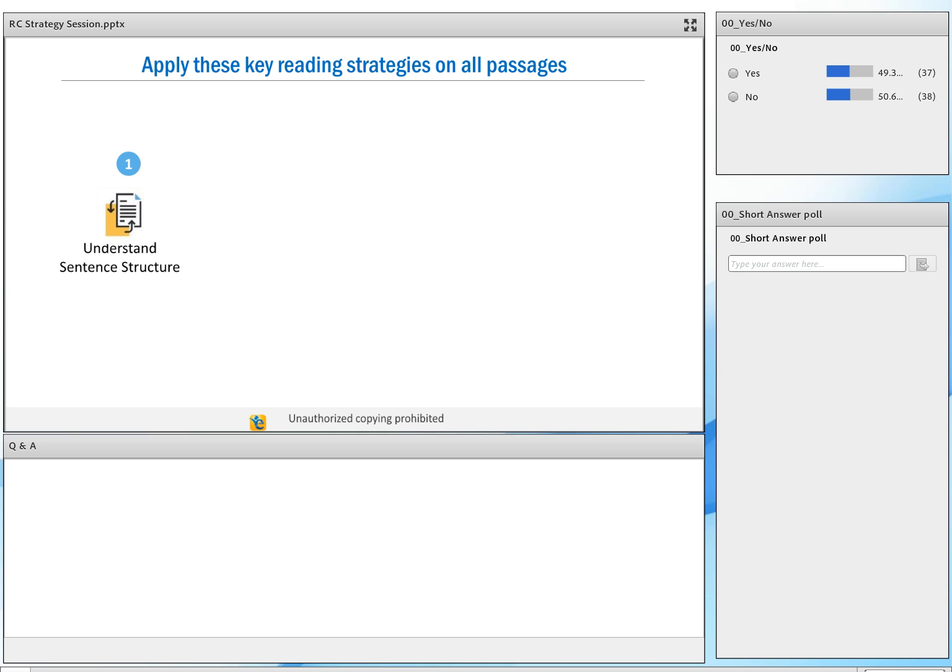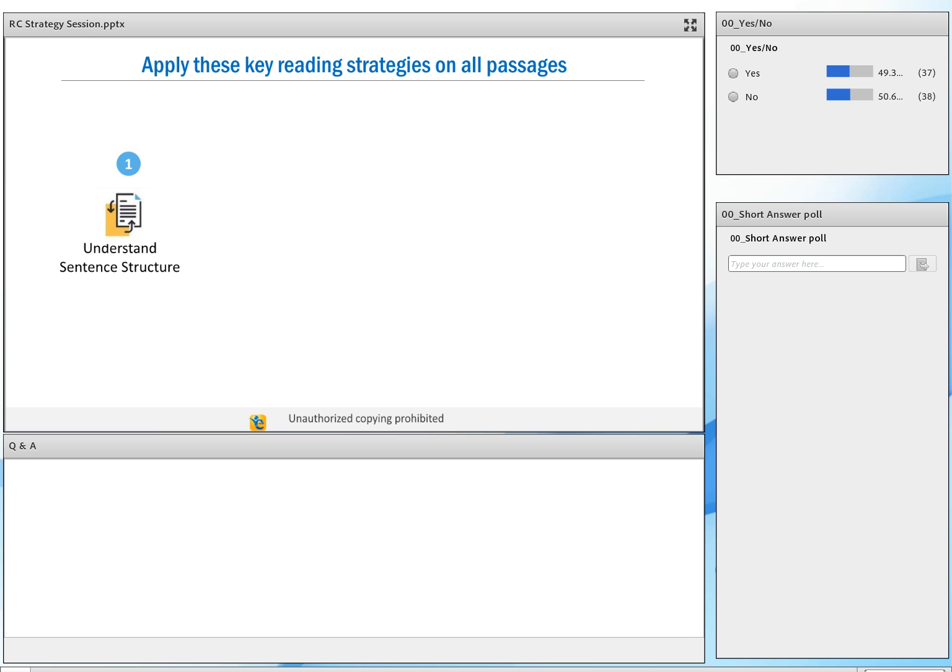So it's your job to make sure that you break down the sentence into smaller parts in order to understand everything that the author is trying to communicate. Understanding the sentence structure is a very, very important skill.